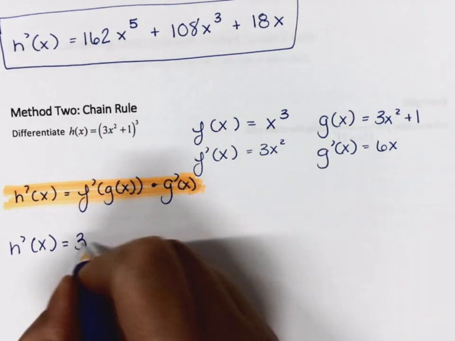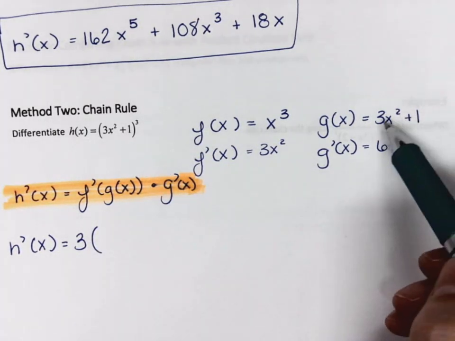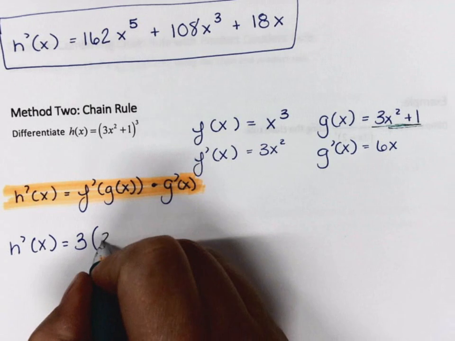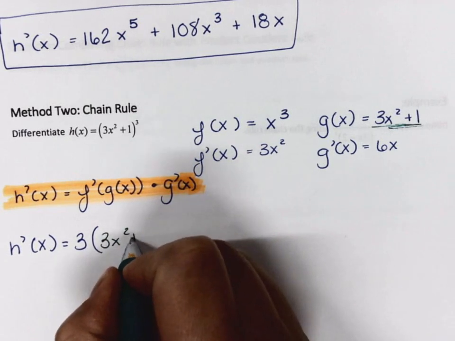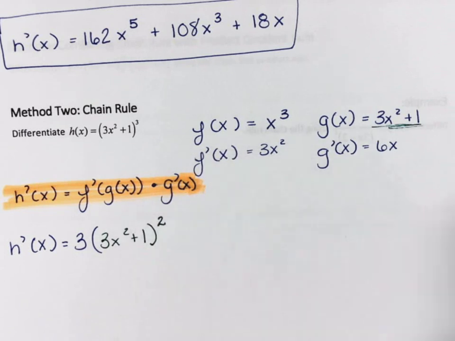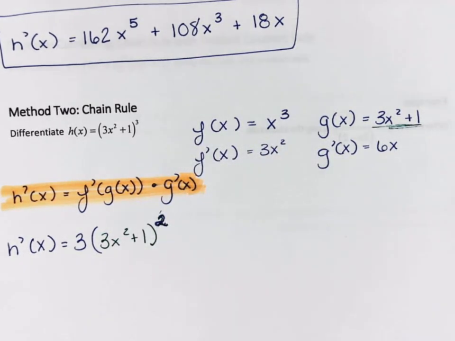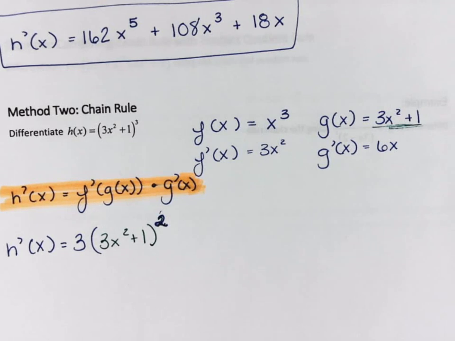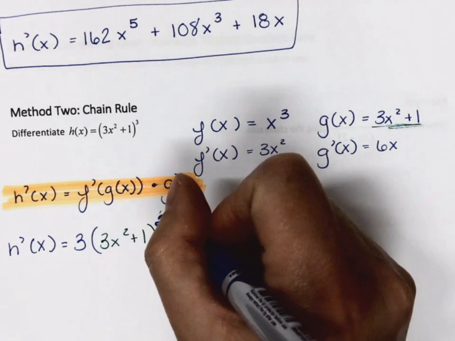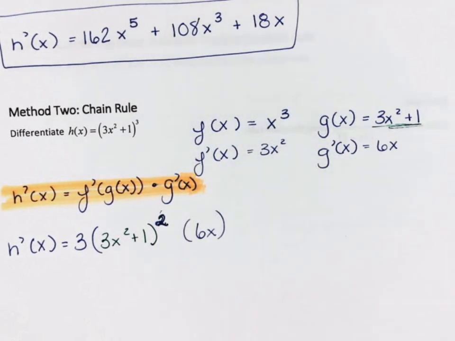So this was 3 times the bracket 3x squared plus 1, squared. And this is all going to be times the derivative of the g of x function.